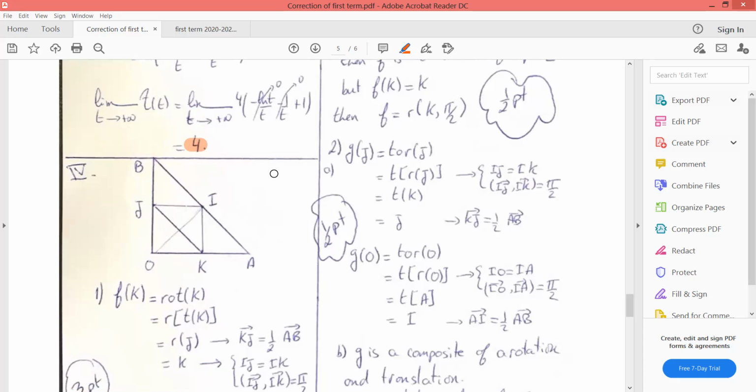This is the positive sense, like that. Then we draw it like that: the right angle is here, OA, OB, a right isosceles triangle.